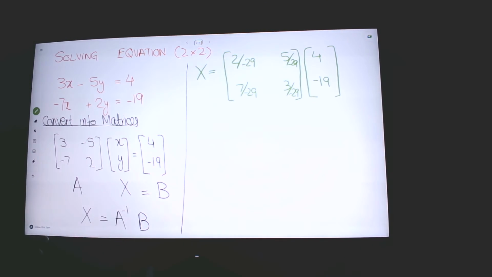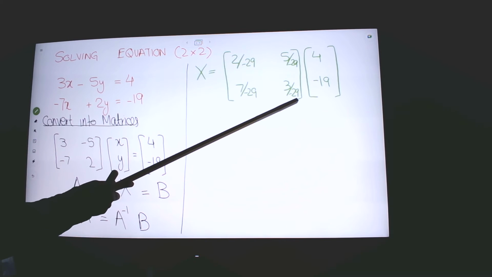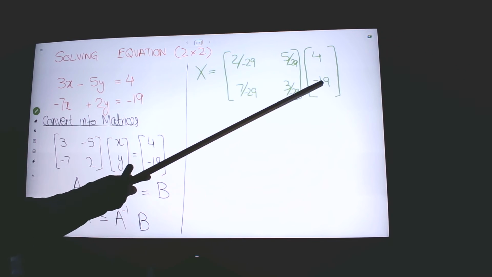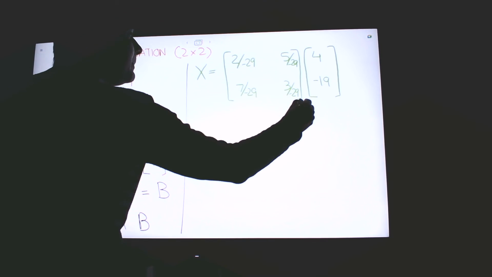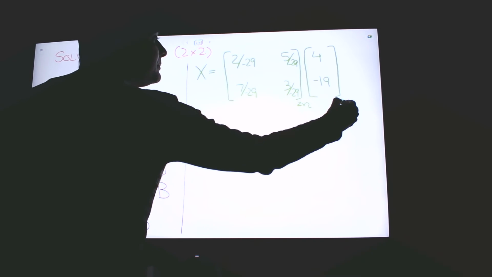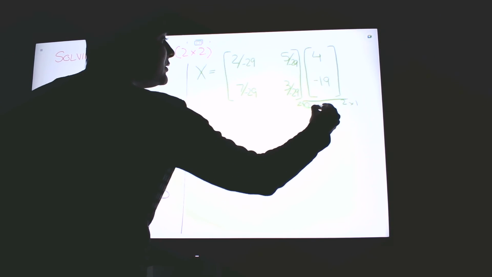Now you need to multiply. Before you multiply, you need to see if you can multiply these matrices or not. The first matrix is a 2 by 2, and the second matrix is 2 rows, 1 column.